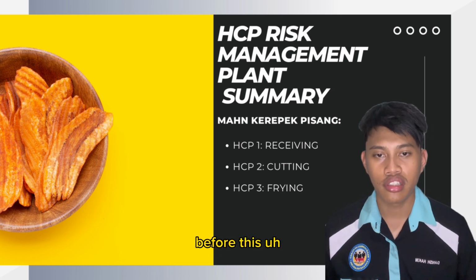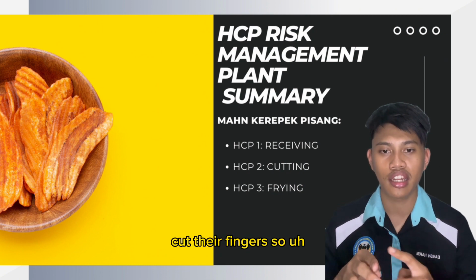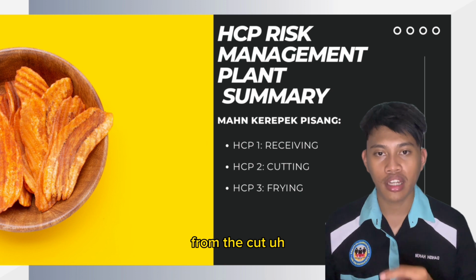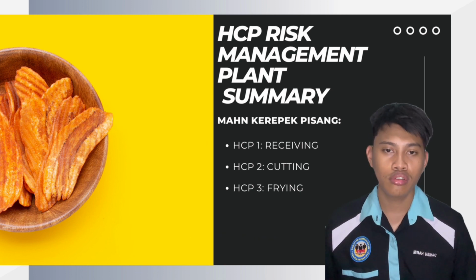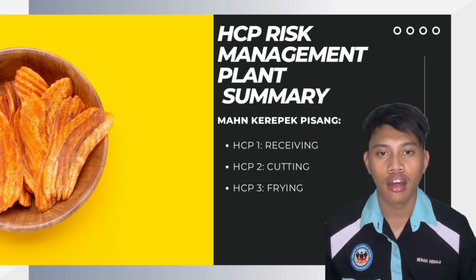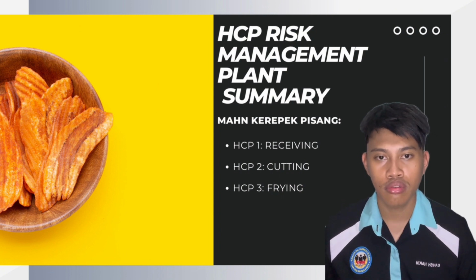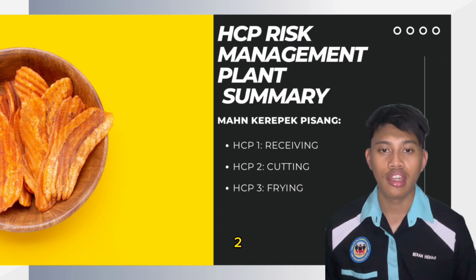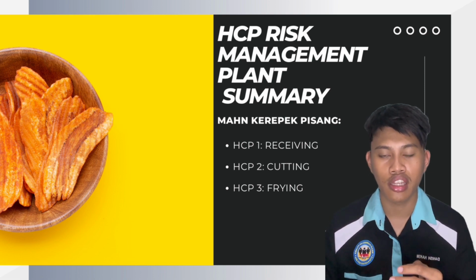So when workers accidentally cut their fingers, the blood drops into the frying oil. The frying oil will be contaminated with blood, and as we know, people cannot eat blood because it is haram. The corrective action we need to do is to make sure all the workers wear gloves while they do the cutting process.